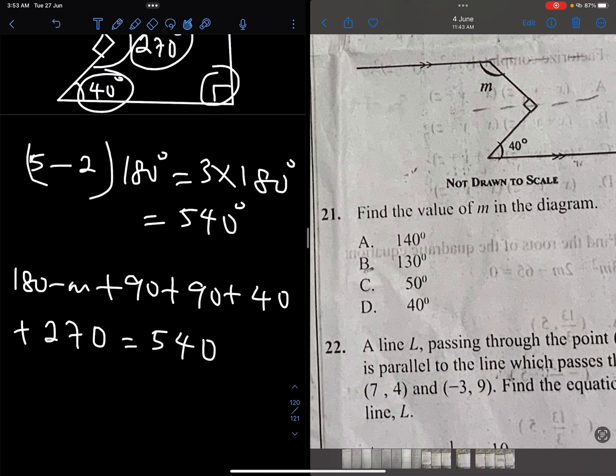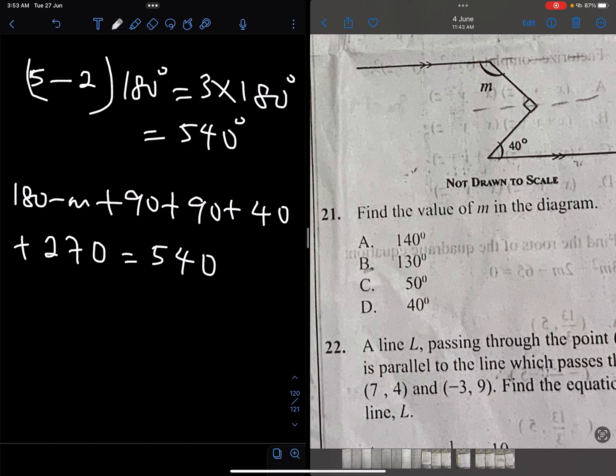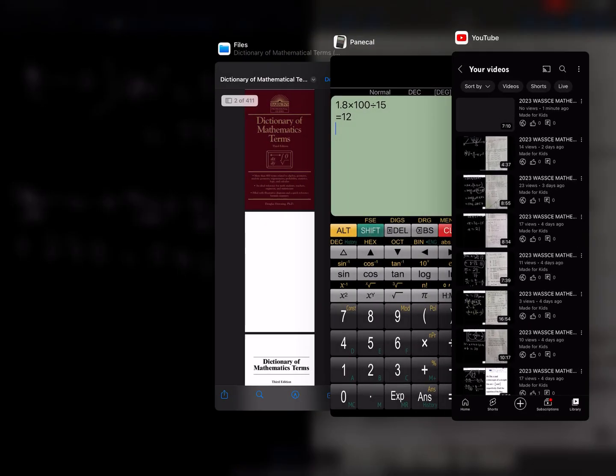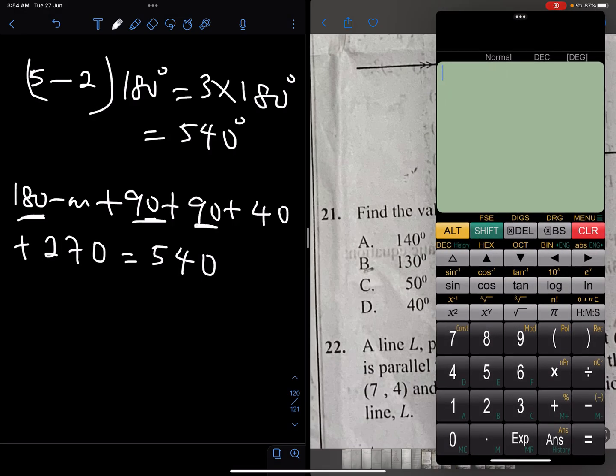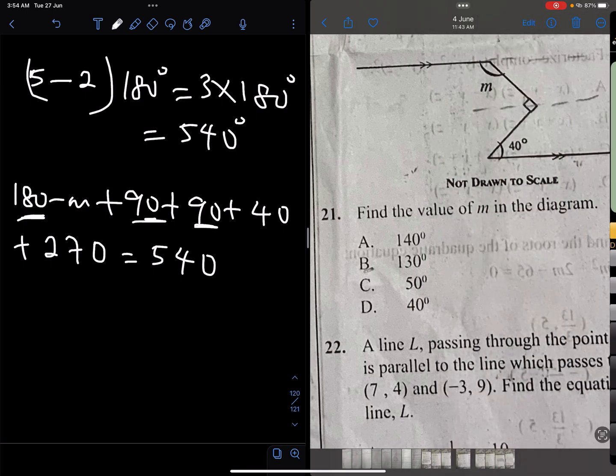And that simply means, we can do that once, let's do that here, 180 plus 90 plus 90 plus 40 plus 270 equals 670.